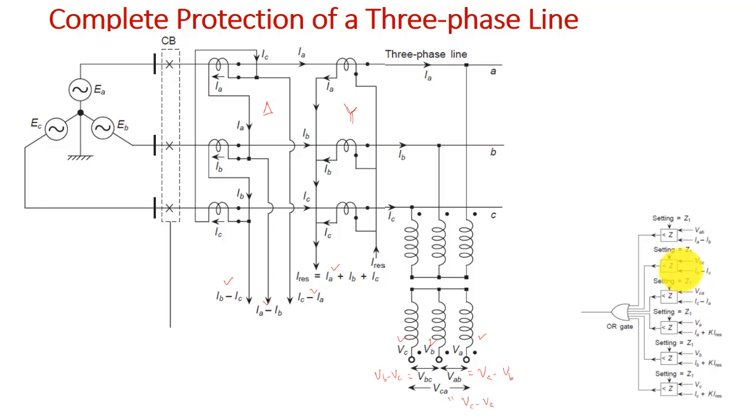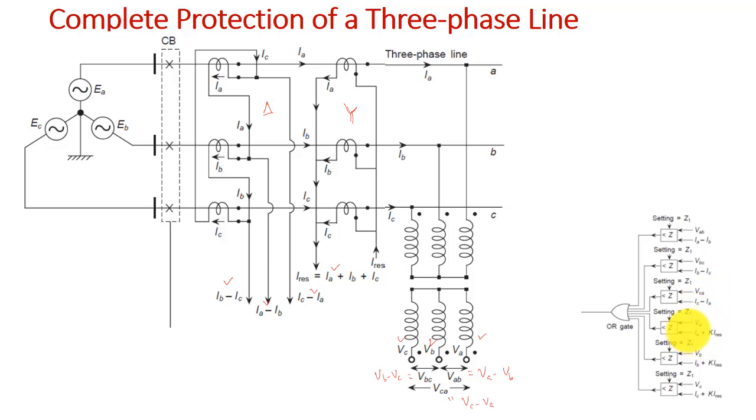We need 6 distance relay units. To each of the relay units we will feed different voltage and current. To the first relay unit we are feeding VAB and IA minus IB. To the second, VBC and IB minus IC. To the third, VCA and IC minus IA.